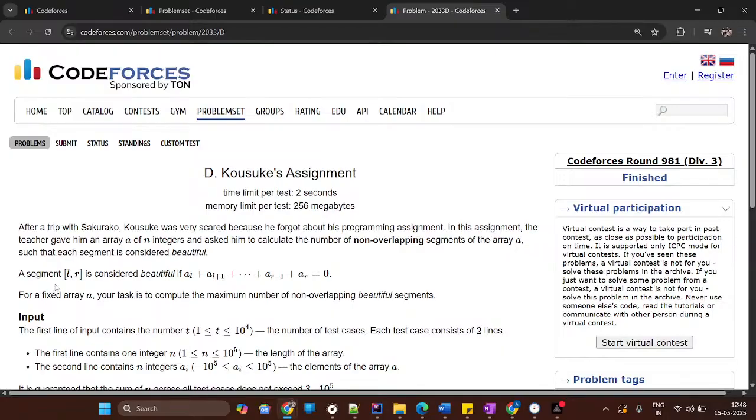A segment L to R is considered beautiful if the sum of A L to A R is equal to 0. For a fixed array, your task is to compute the maximum number of non-overlapping beautiful segments.